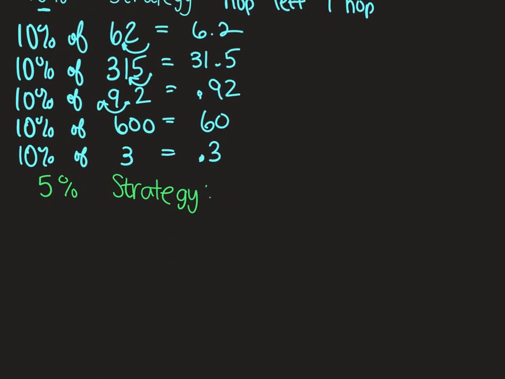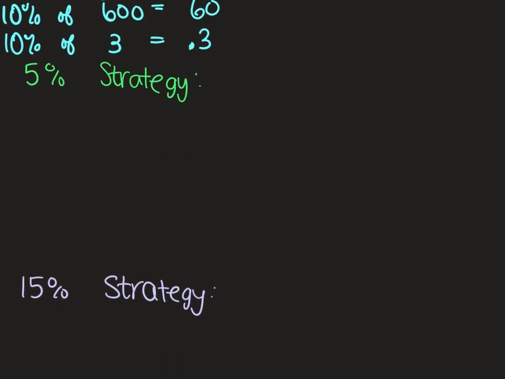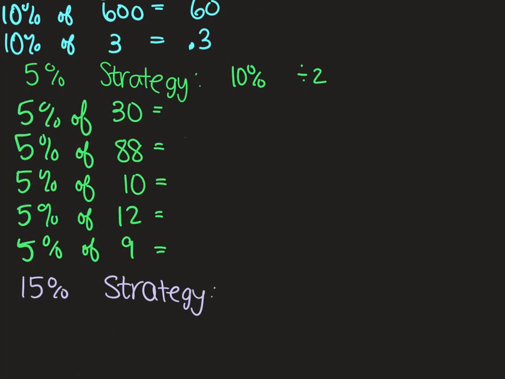Okay, 5% strategy. Here's what I would think. 5% is first you find 10%, then cut it in half. So hop and then cut it in half. All right, so let's try 5% of 30. First thing we're going to do is make it 3 because we're going to hop backwards.